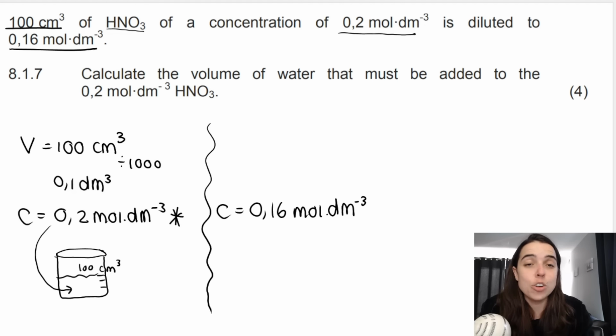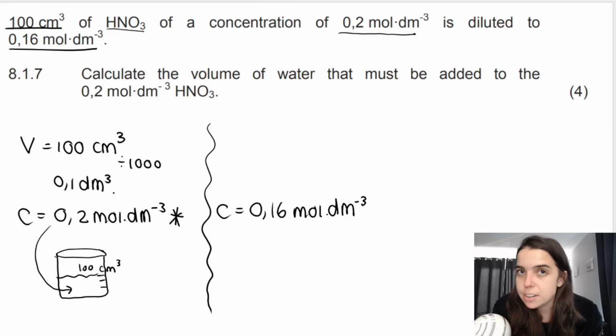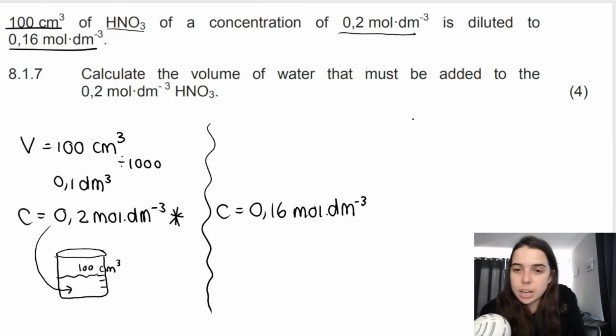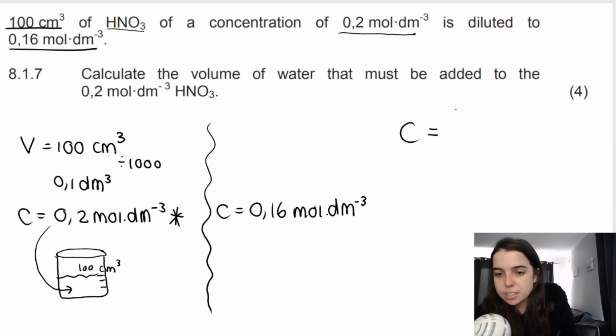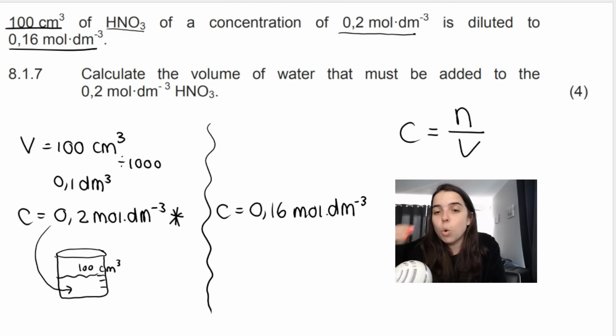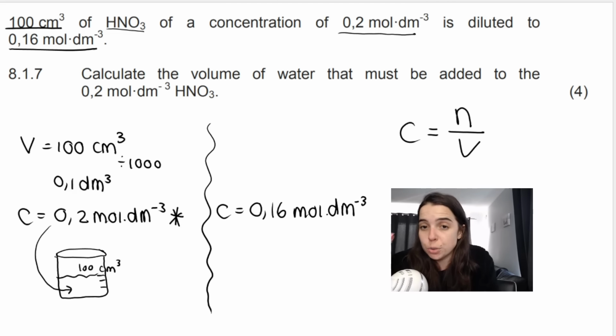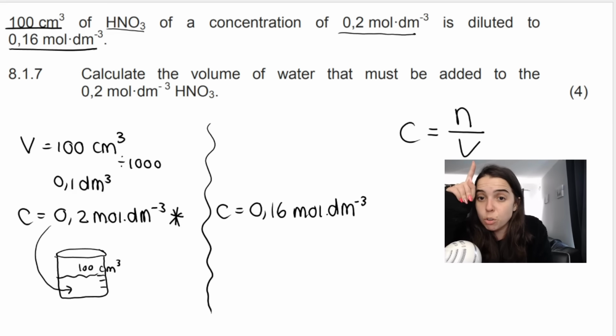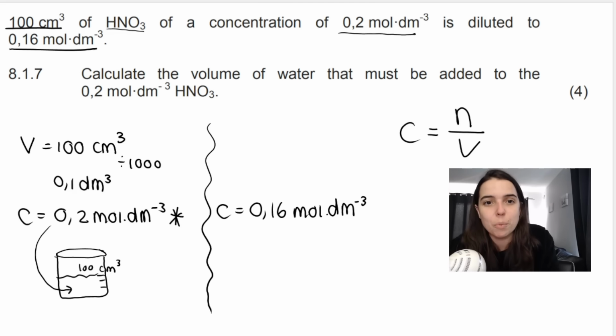So this tests our knowledge on concentrated versus dilute. And that is a very important concept that you need to understand. Remember, acids or bases can be concentrated or they can be dilute. And how we work out concentration is the number of moles divided by the volume. What it means to be concentrated versus dilute depends on the volume of the solvent, so the water, for example, that we're adding.